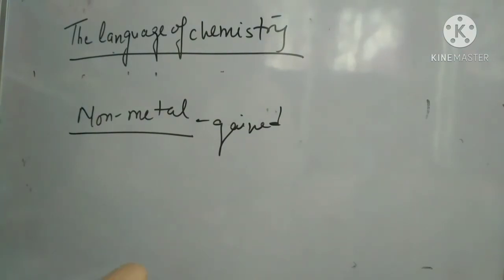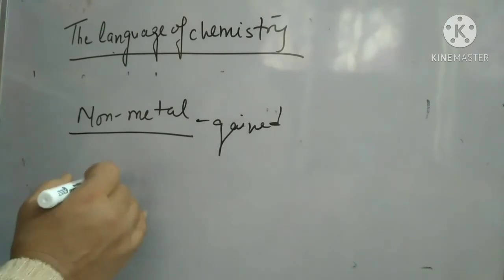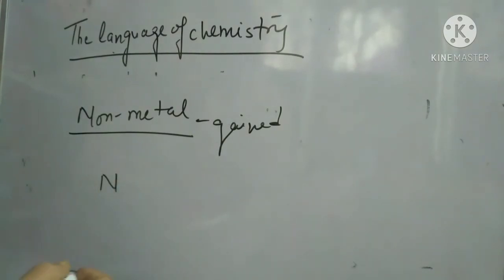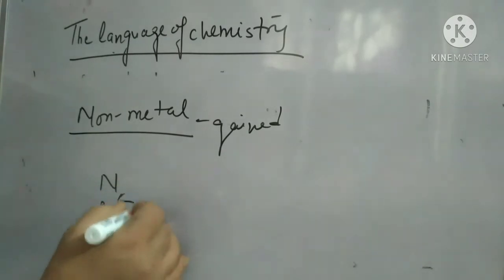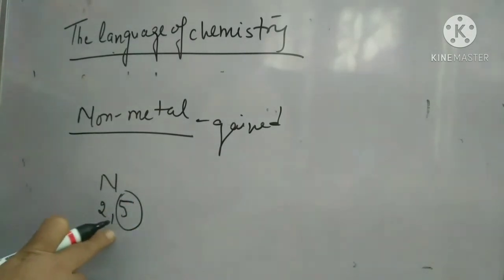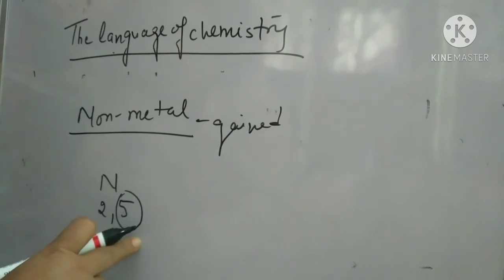If I say, we take example of nitrogen. Nitrogen is having 5 electrons in its outermost shell. If we write its electronic configuration, it is 2 5 because its atomic number is 7. To complete its octet, or in order to become stable, it gains 3 electrons.